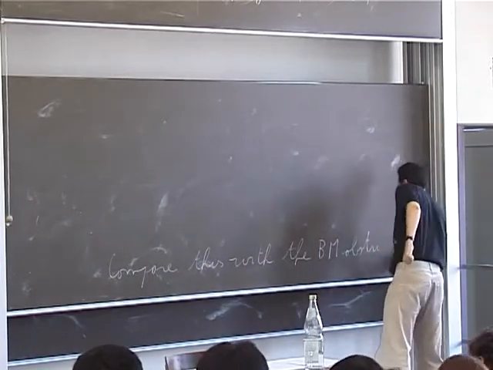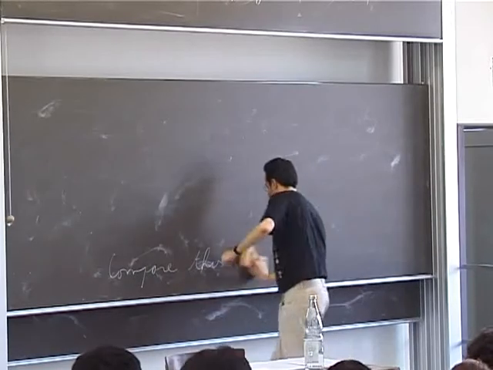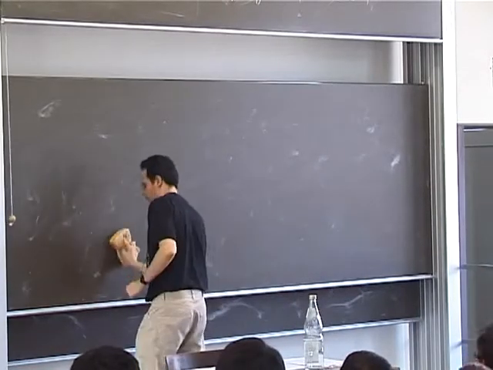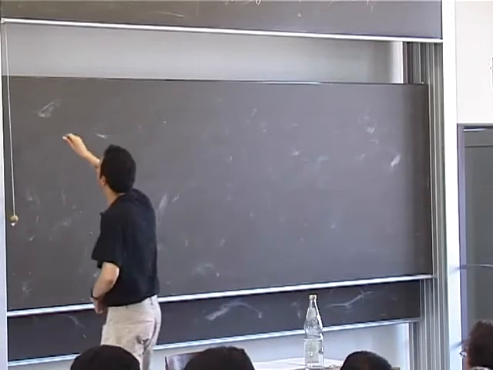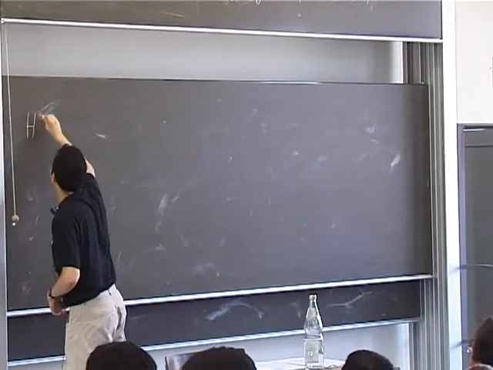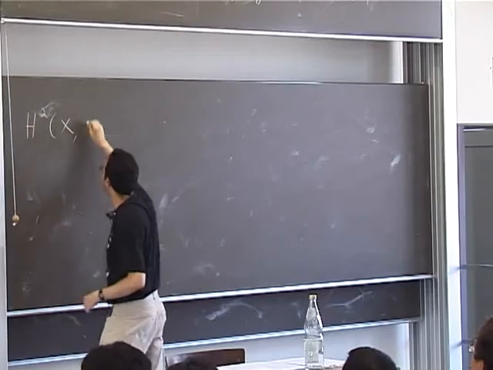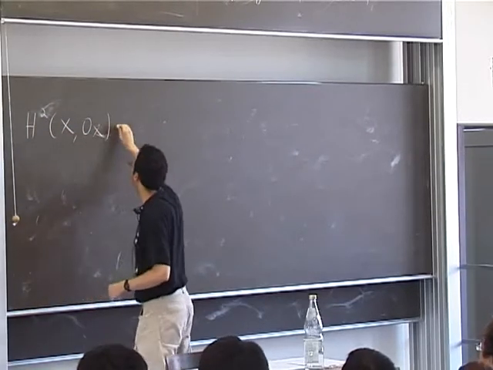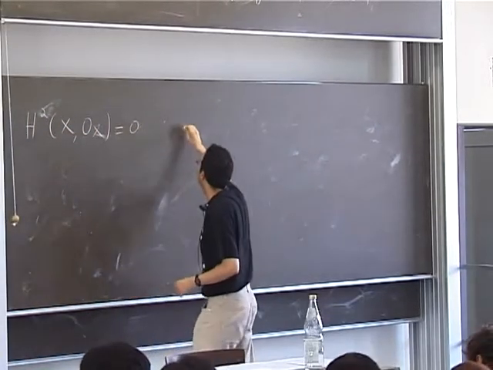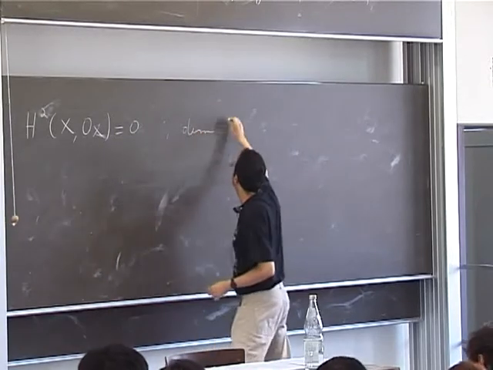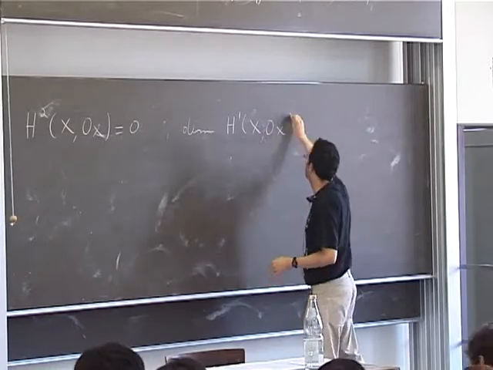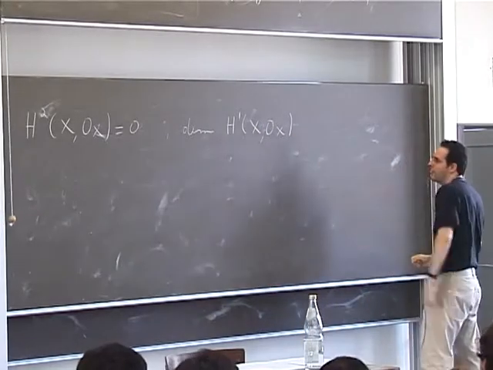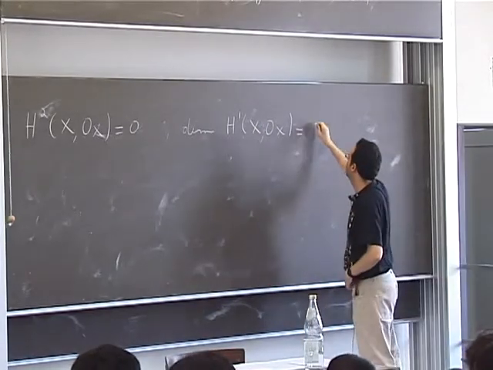For such a surface, H2 of X, the geometric genus, is 0. And the dimension of H1 of X, OX, so if you prefer the dimension of the Albanese variety, is 1.